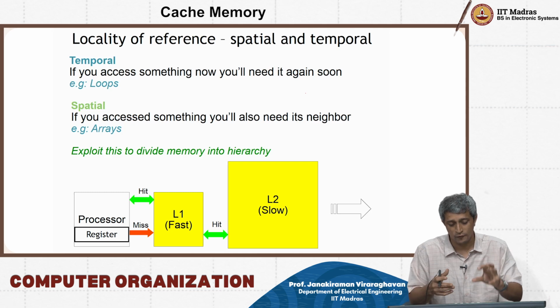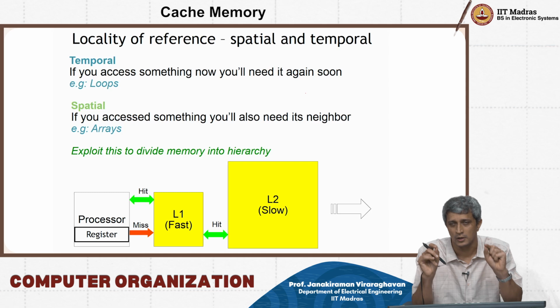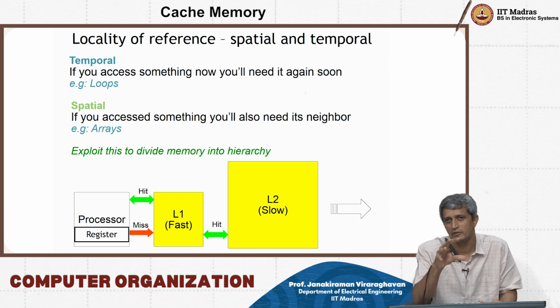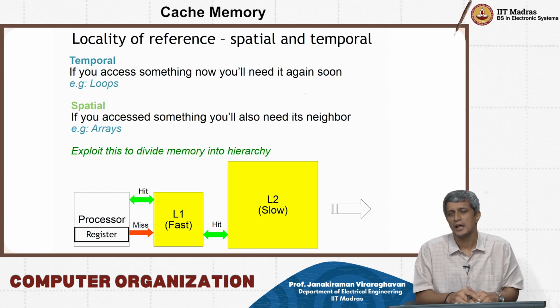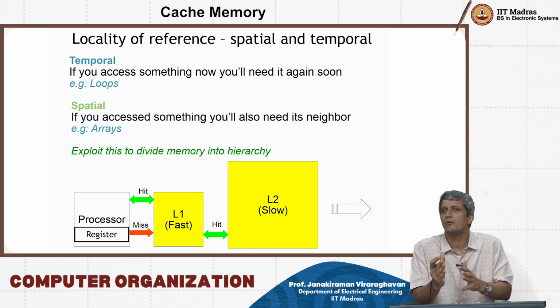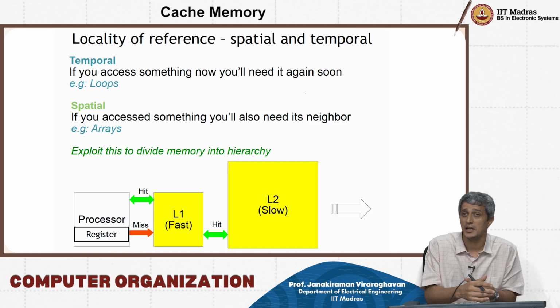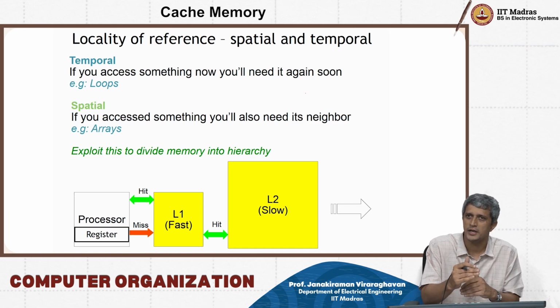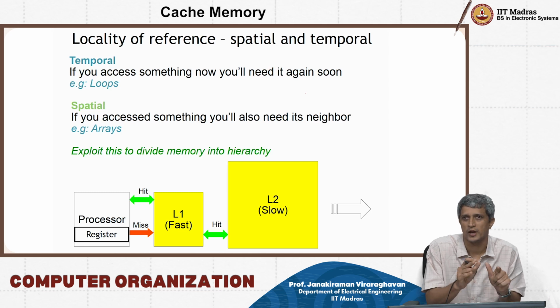The processor has a register file, which is the fastest memory that it can access, but obviously is very small, limited inside the processor. Then you have something called an L1 cache, which is very fast but small. However, it is still slower than your register file.